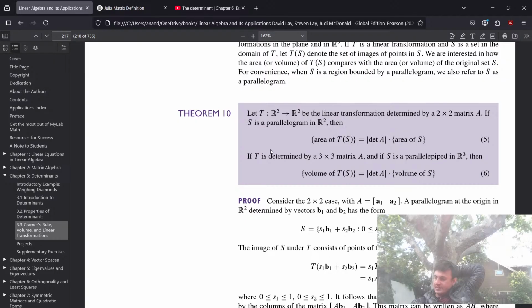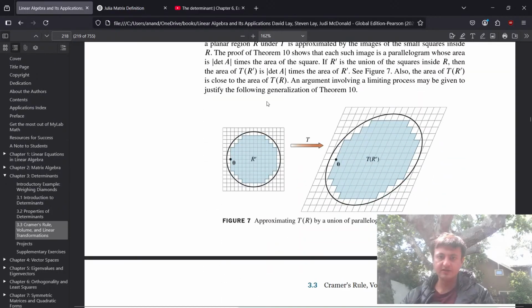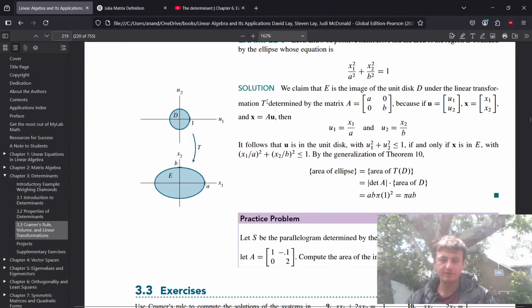Then the area of T of S is equal to the absolute value of det T times the area of S. Okay. So the region can look like whatever.